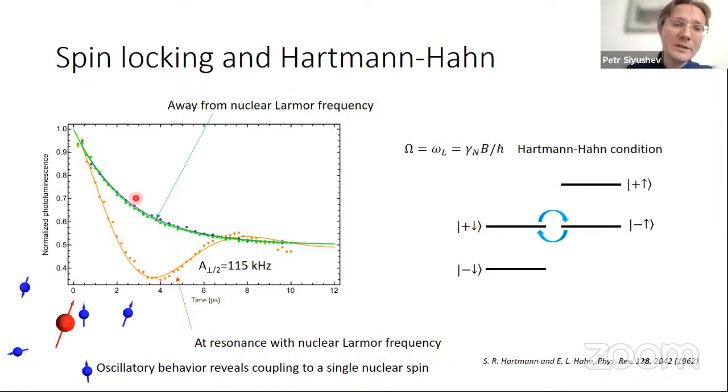You can also see that there is a difference between the decay curve when we are out of resonance with the Larmor frequency and when we are in resonance. Therefore, we can visualize our Larmor precession by simply sweeping the Rabi frequency of the locking pulse. And that's what we actually do.